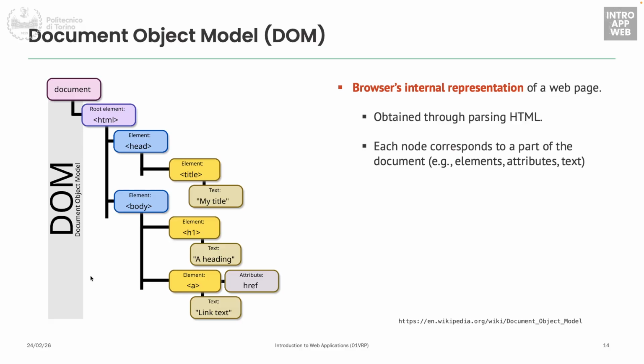Having it in this structure is much easier than if it were like a textual document, no? It's much easier to find something in a document that is structured in this way than if it were like plain text. In plain text, finding a portion of the document is super difficult.